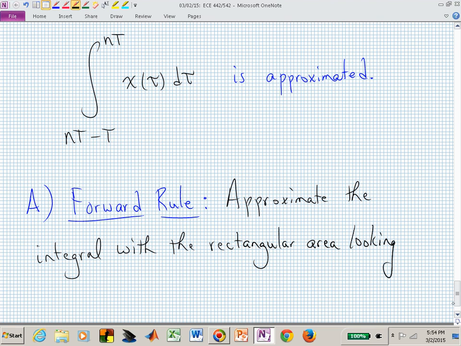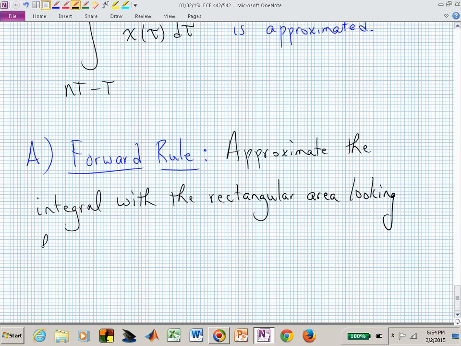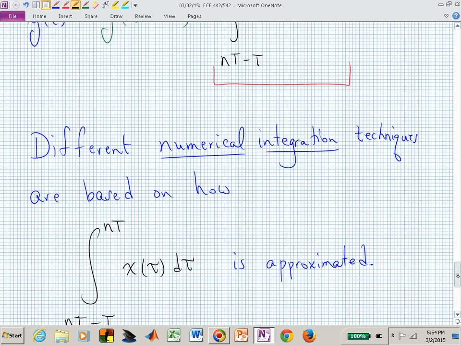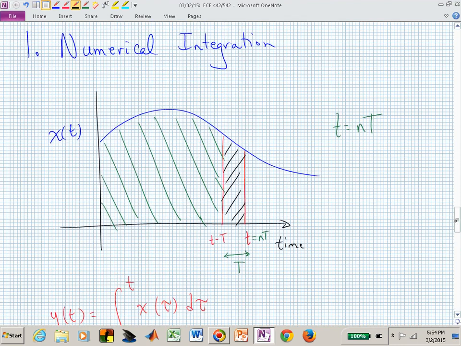It's a forward rule, meaning we are going to be looking forward to make that rectangular approximation of that little sliver. We will look forward from x at time n minus 1 capital T, which if we go back to this picture, this point right there is x of n minus 1 capital T, and this point right there is x at nT.